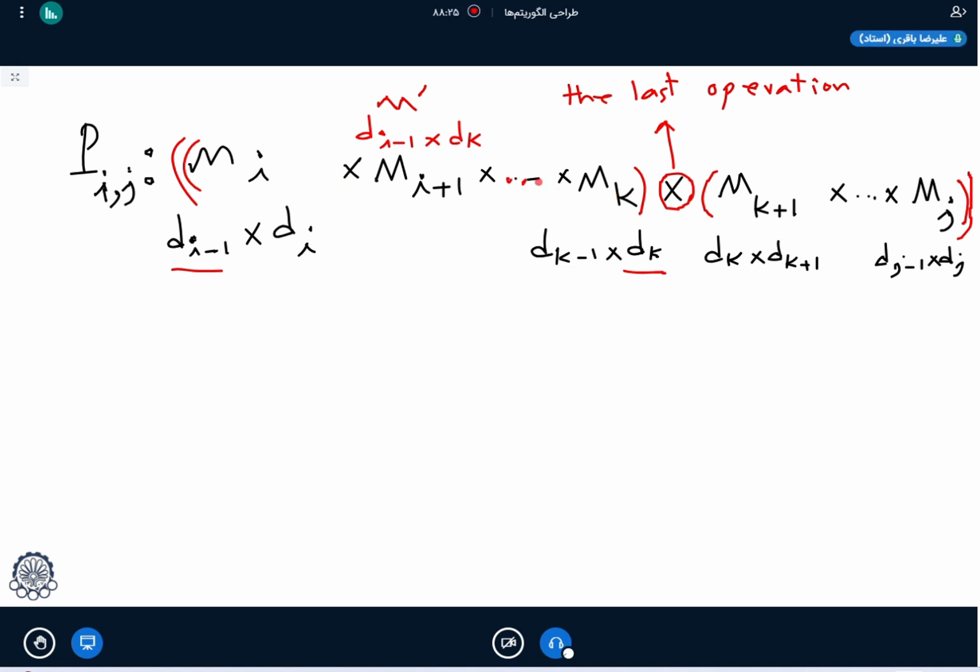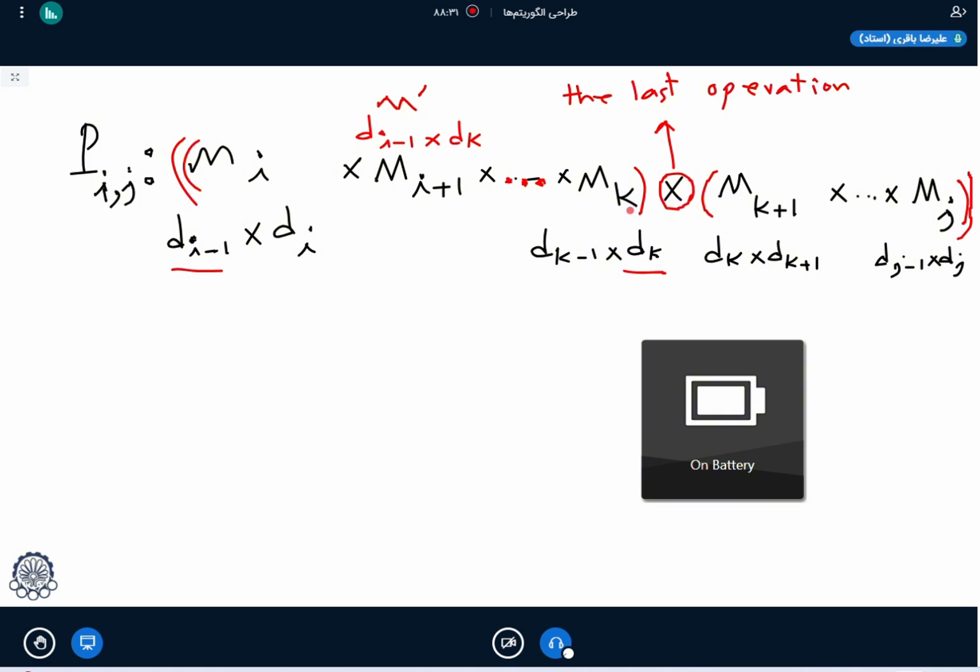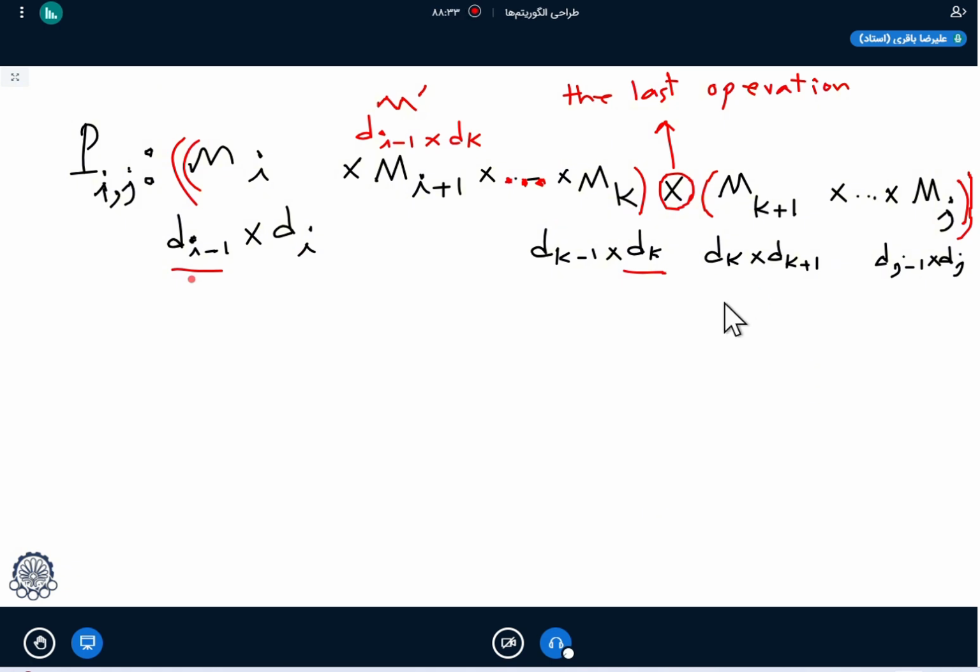if we multiply these matrices to each other, the final result of the left side is a matrix that has d(i-1) rows and dk columns. So we have a matrix M prime as the result of the left side, which has d(i-1) rows and dk columns.